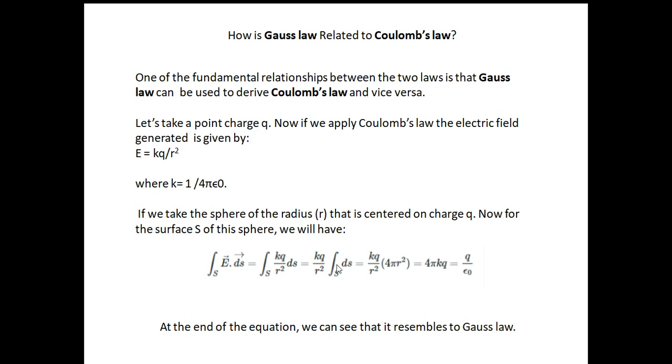This k, Q and r squared are constant. So integrating over dS, if I integrate over the sphere, it is going to be 4 pi r squared. And substituting, I get Gauss's law back. At the end of this equation, we can see that this resembles Gauss's law. So that is the reason I always say Gauss's law is a restatement of Coulomb's law.